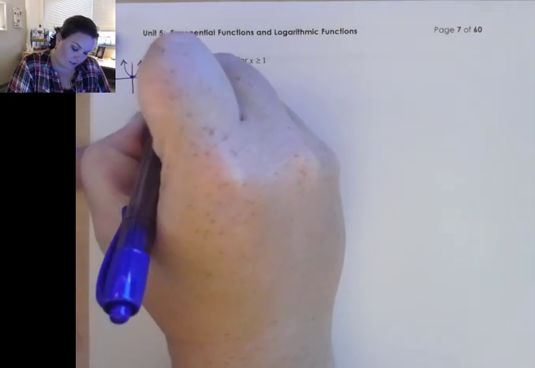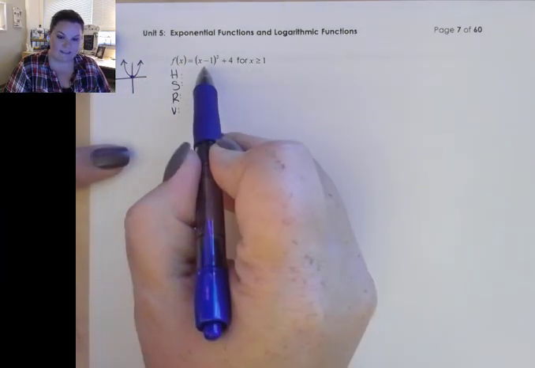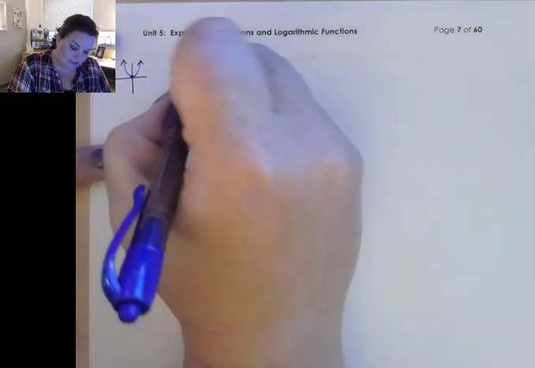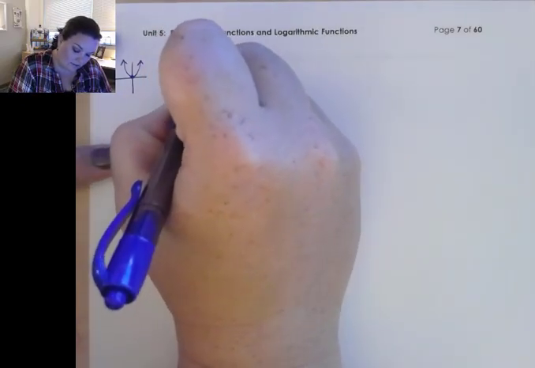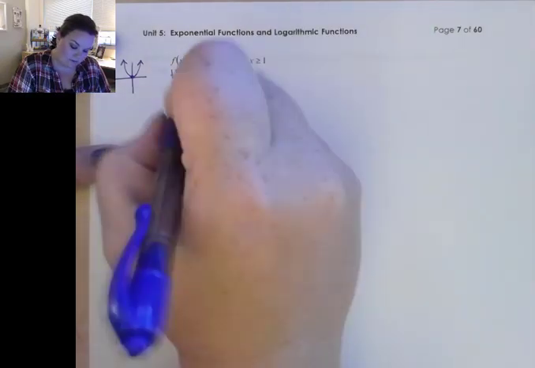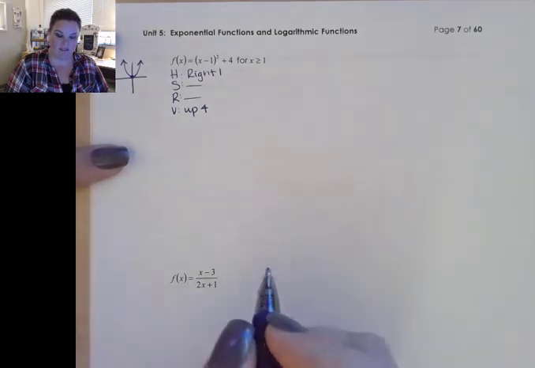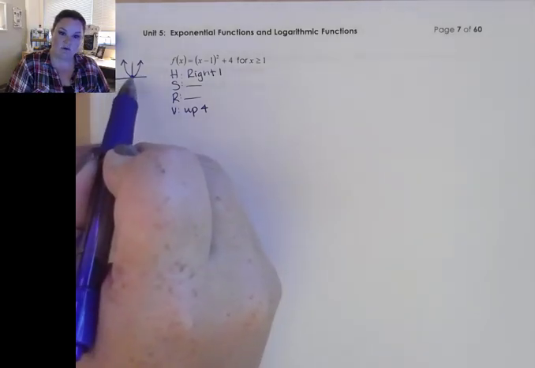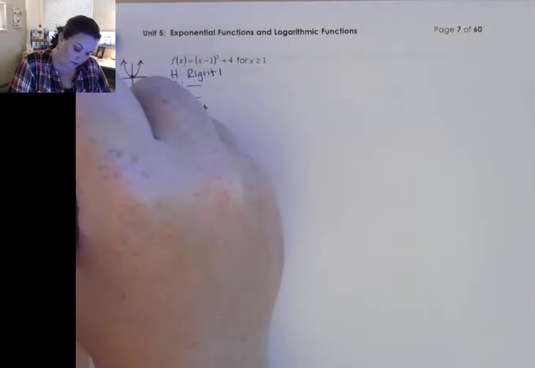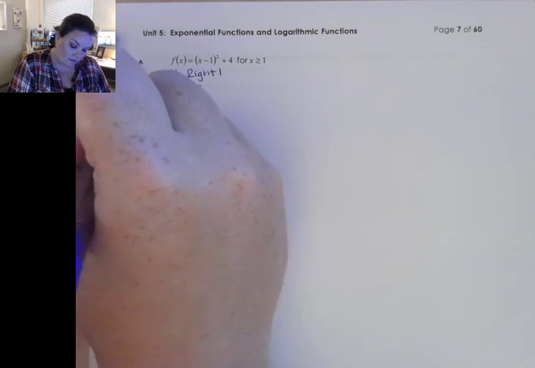And then if we look at our HSRV, right, I can see the -1 on the inside is going to move us to the right 1, and then the 4 outside the function is a vertical shift up 4. So no stretching, no reflecting. So if I move this parabola to the right 1, now the vertex is going to be over here at 1, right?